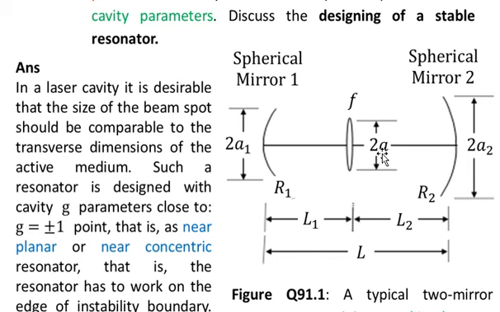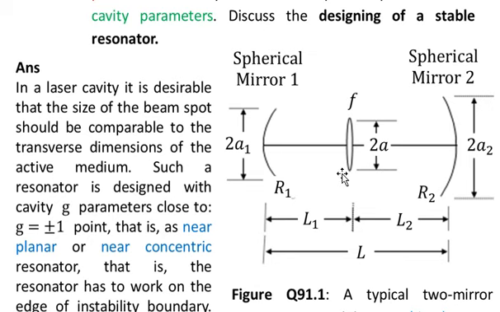The separation between the two mirrors is represented by capital L, and the separation from the lens is represented by L1 for mirror 1 and L2 for mirror 2. R1 and R2 are the radii of curvature of spherical mirror 1 and spherical mirror 2. You can also see a lens within the resonator of focal length f and aperture size 2a.